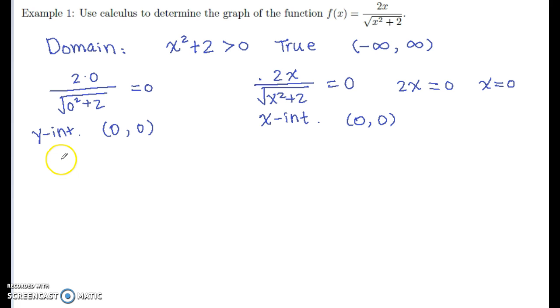Next, we want to see, do we have any kind of asymptote? Well, first of all, there's no vertical asymptote. The reason is because the domain is negative infinity to infinity. Now, to find the horizontal asymptote, we have to take the limit as x goes to infinity of the function.